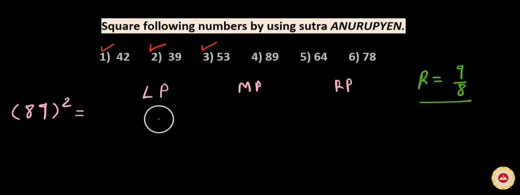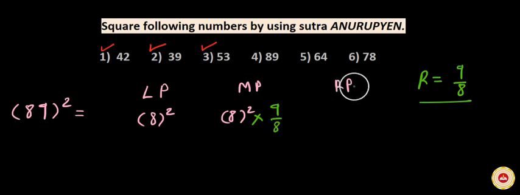Now the first step is, what is the left part? Left part is the square of the digit which is at tens place. 8 square. What is the middle part? Left part, that is 8 square multiplied by ratio 9 upon 8. What is the right part?